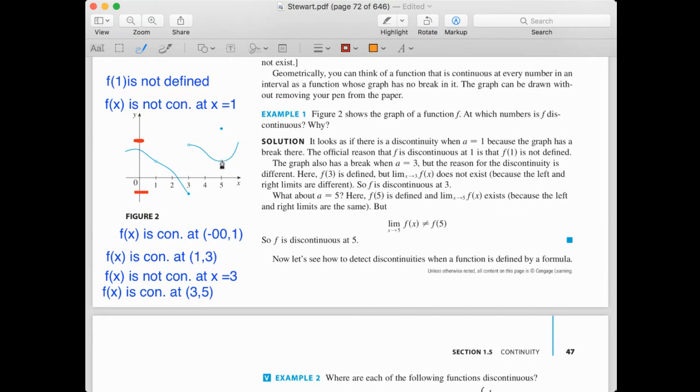But at 5, the limit exists, but the limit does not agree with the function value. So f of x is not continuous at x equals 5. The left limit and the right limit agree, but it does not agree with the function value. The function value is here.